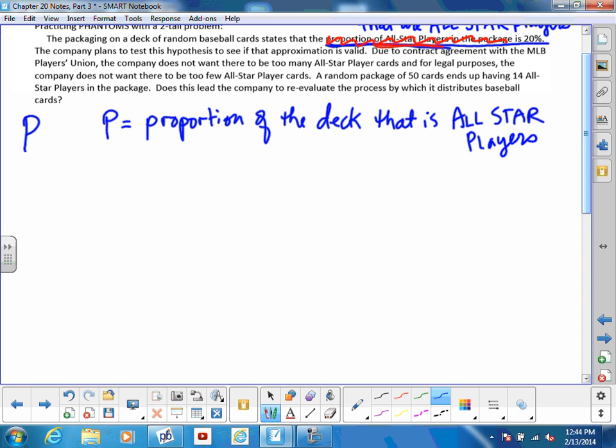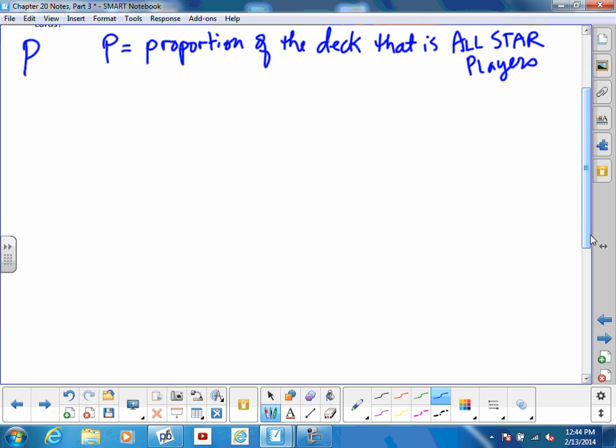What does the H mean in our PHANTOMS model? What does that remind you to do? Your hypothesis statements. So the null hypothesis is that P is 0.20. And the alternative is not equal to. Way high and way low would cause us to reject this 0.20. Both are bad things that would cause us to reject.